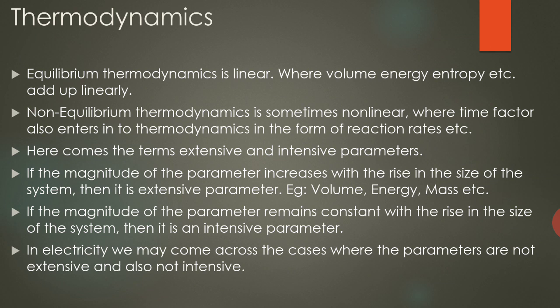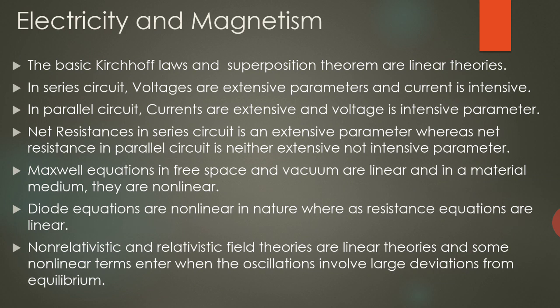In electricity, we may come across some systems where the parameters are neither intensive nor extensive. We'll see that in the next slide. In electricity and magnetism, the basic Kirchhoff laws and superposition theorems are linear theories. In a series circuit, voltages are extensive parameters that add up linearly, and current is constant, so current is an intensive parameter.